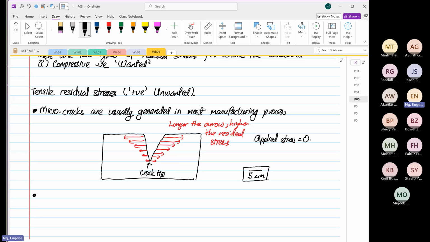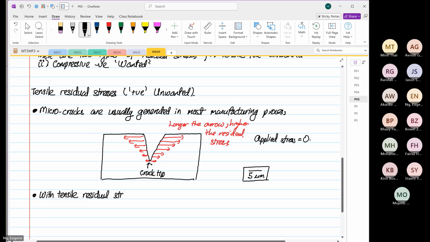So the tensile residual stress will promote crack growth. Okay, it will promote crack growth.